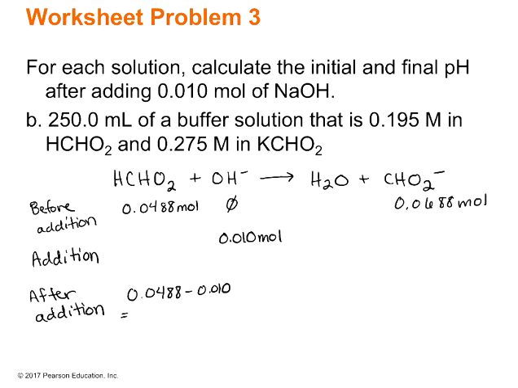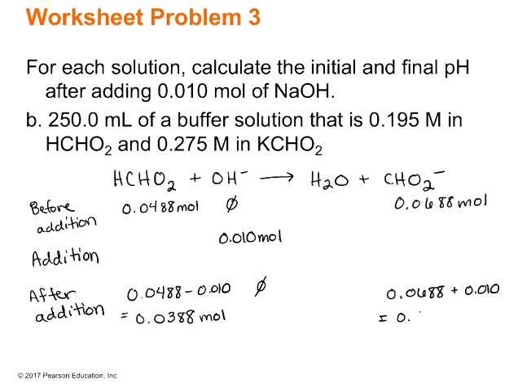So after everything reacts, we'll have 0.0388 moles of weak acid. We're going to have 0 hydroxide ions left. And then for the conjugate base, we're going to see an additional 0.01 moles of conjugate base.